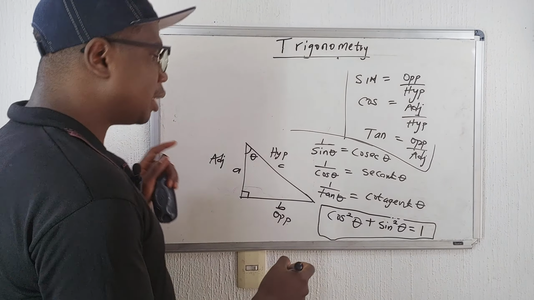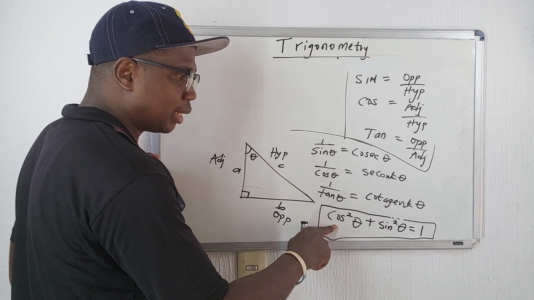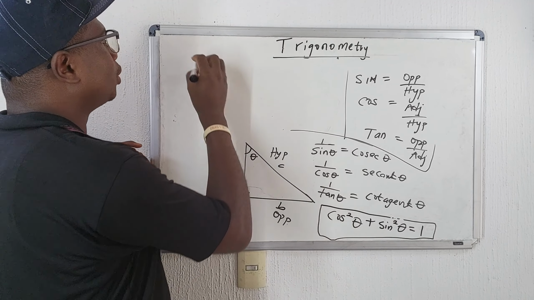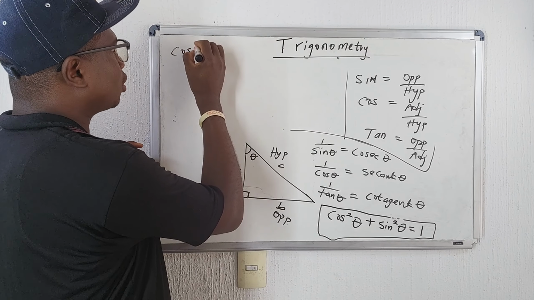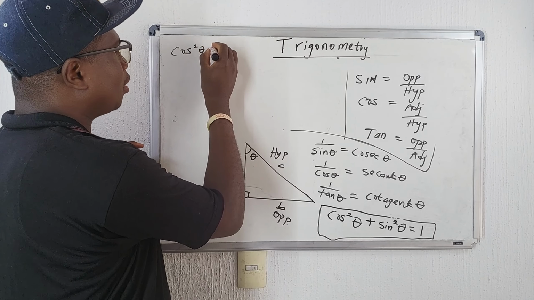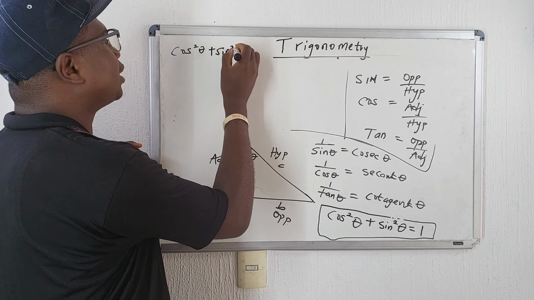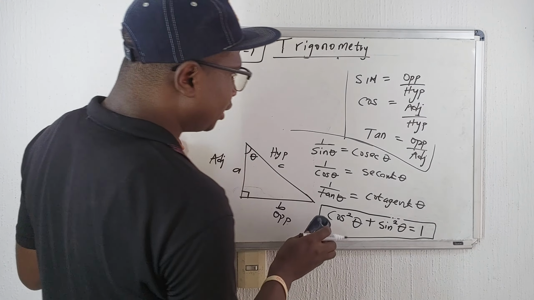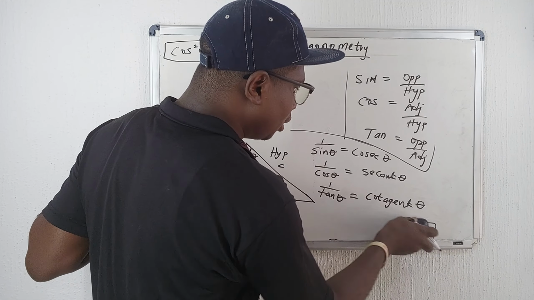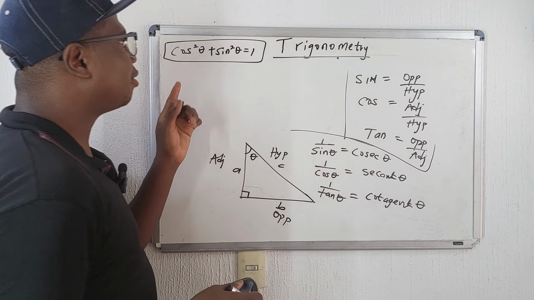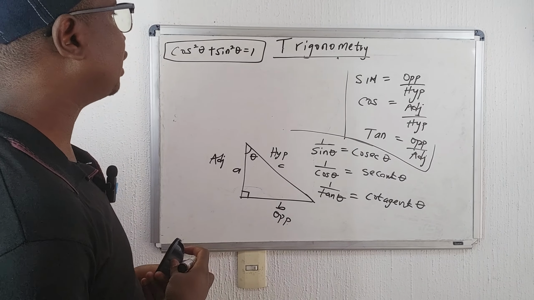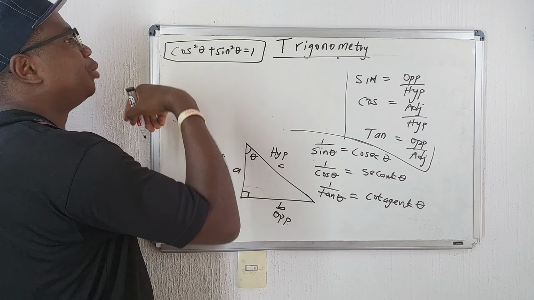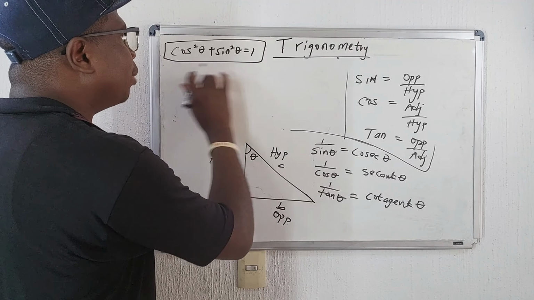Now, since we have established this formula, cos squared theta plus sine squared theta equals 1, which is our basic fundamental identity, what we're going to do now is use this formula to derive some other trigonometric identities. Let's divide throughout by what?